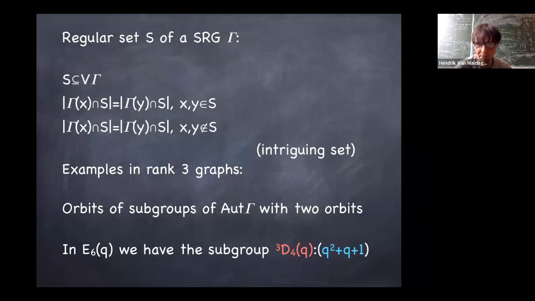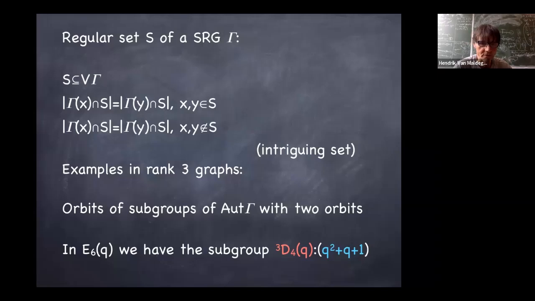That's the number of points of a projective plane. Well, it is a singer cycle of a projective plane inside this E6Q geometry. So there is some plane there. This group of order q^2+q+1 acts as a single cycle on that. And then this triality D4(q) is a normalizer of that group.